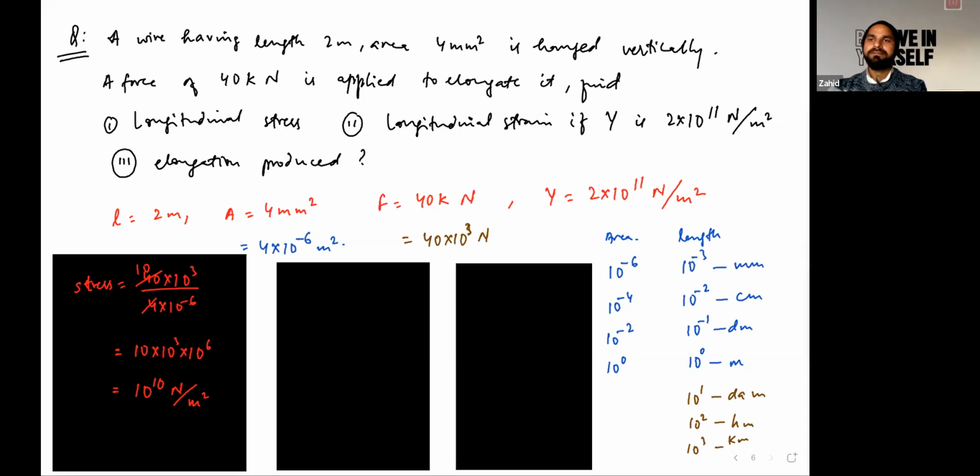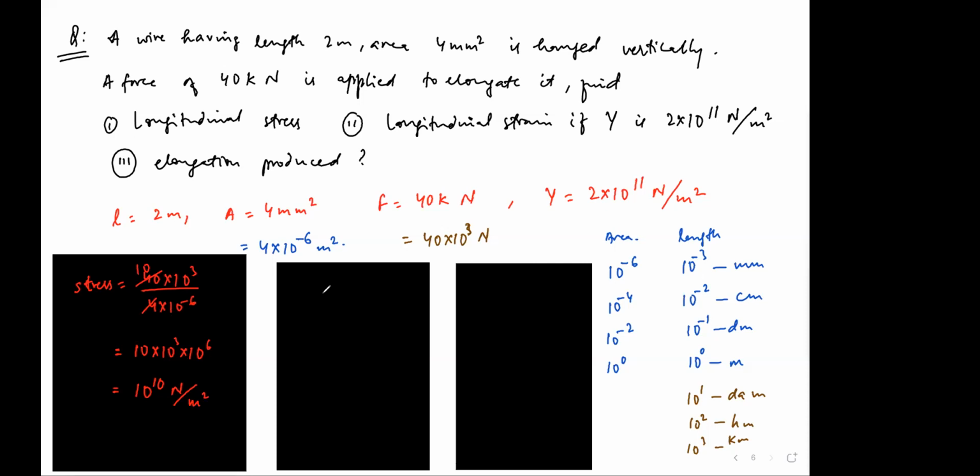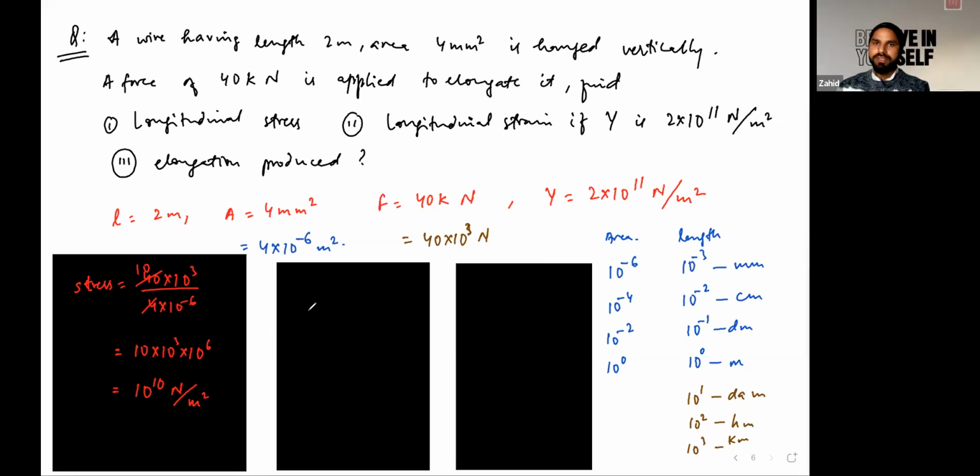Okay. In the next part, to calculate longitudinal strain, we have the formula Young's modulus equals stress divided by strain. Rearrange it to get the strain: strain equals stress divided by Young's modulus.